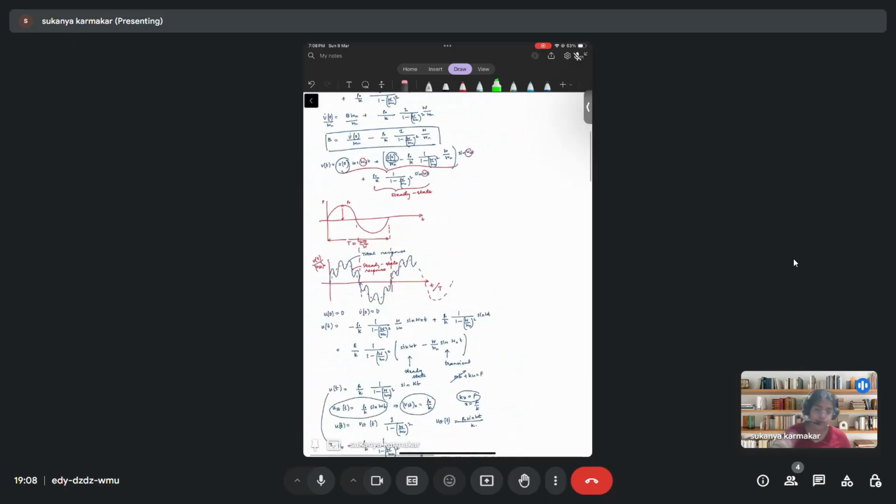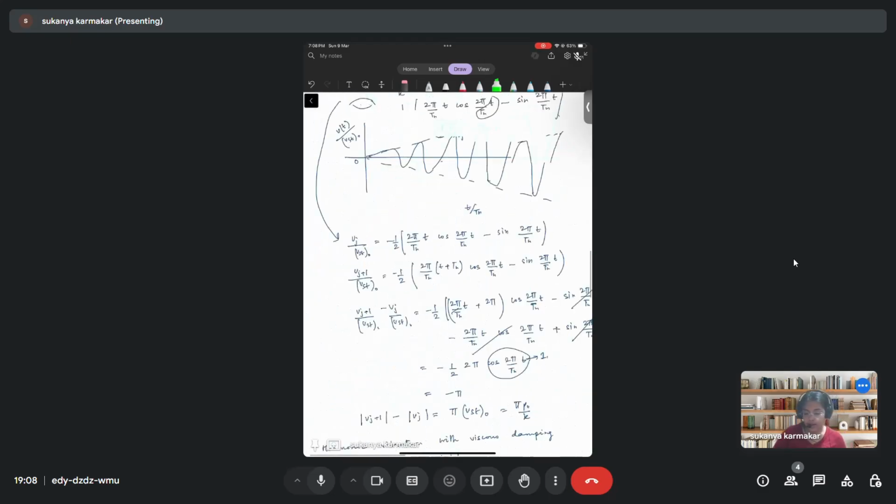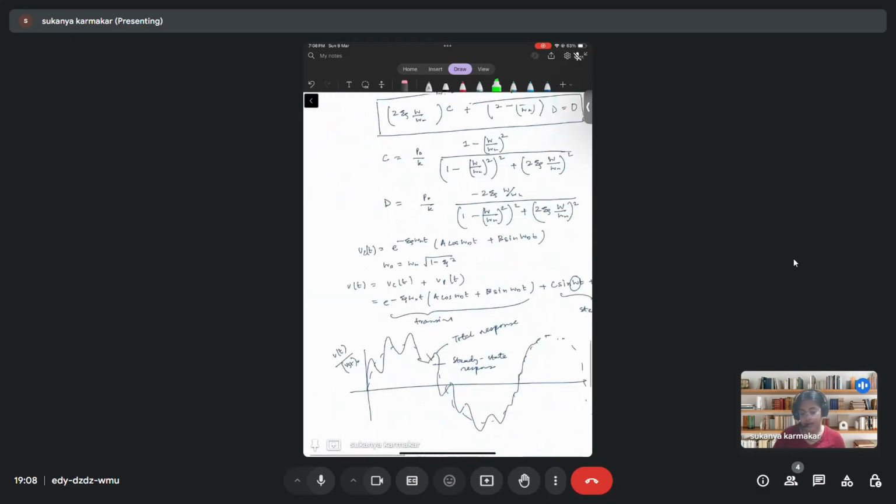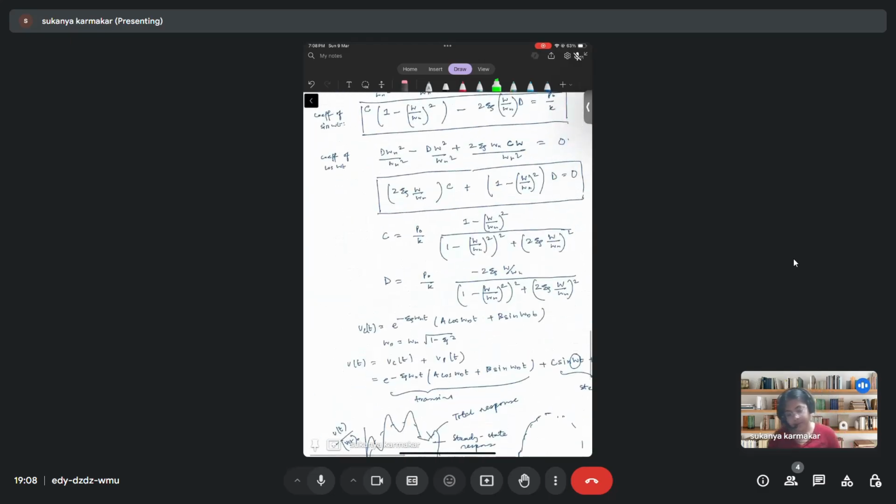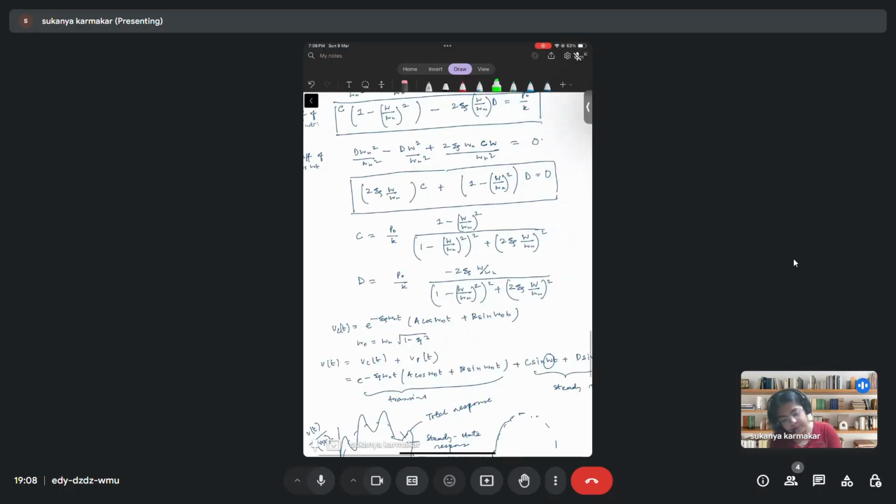But in the damped case, our solution for c and d is of this format. When omega is equal to omega n, this term goes to 0, but we still have these terms, so we can still use this solution.